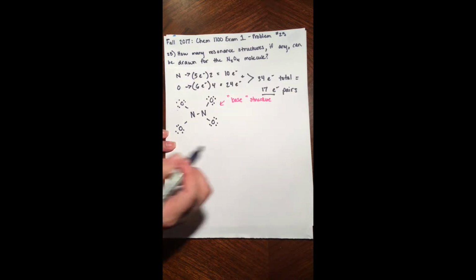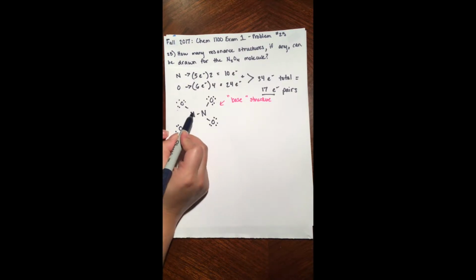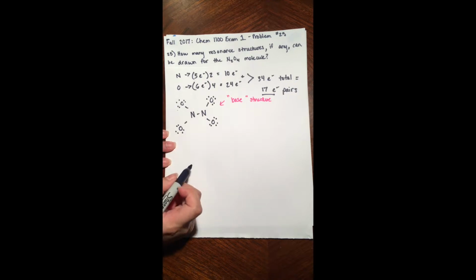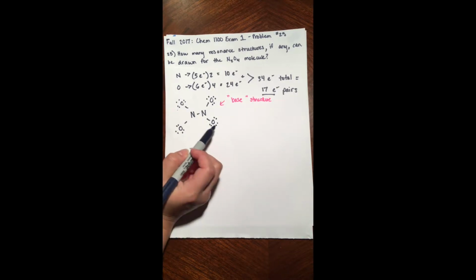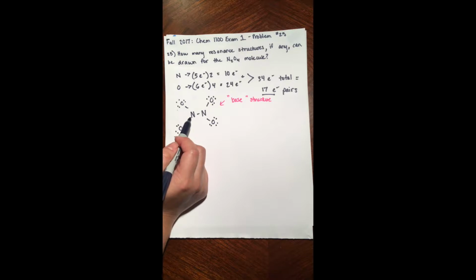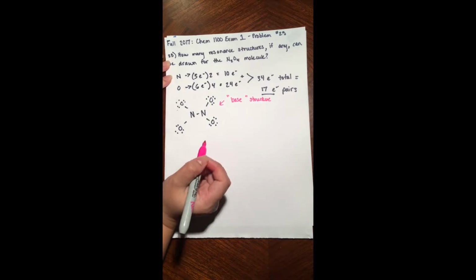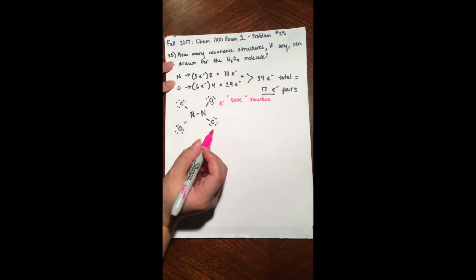They're all happy, they all have 8 electrons, but the nitrogens, they only have 6. We need to complete their octets. But we don't have any more electron pairs because we already have 17 electron pairs. So in order to give nitrogen a complete octet while maintaining the complete octet of the oxygens, we're going to take some of an oxygen's electrons and share it with nitrogen.